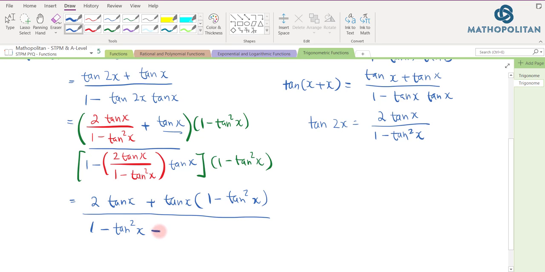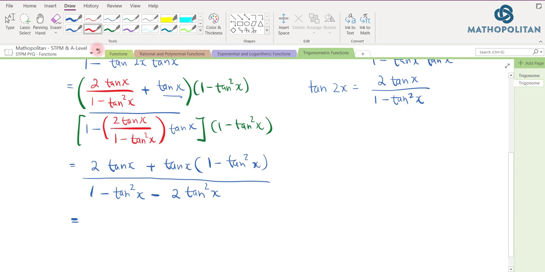So 2 tan x plus tan x will be 3 tan x. Then tan x times tan squared x will be tan cubed x. Then here we have 1, and then negative tan squared x minus 2 tan squared x will be minus 3 tan squared x.